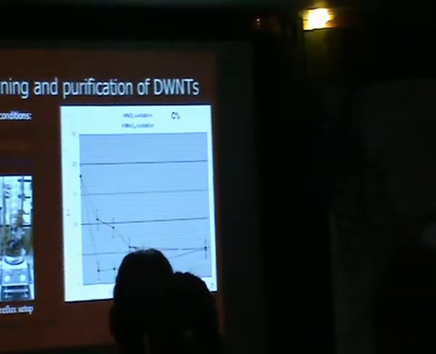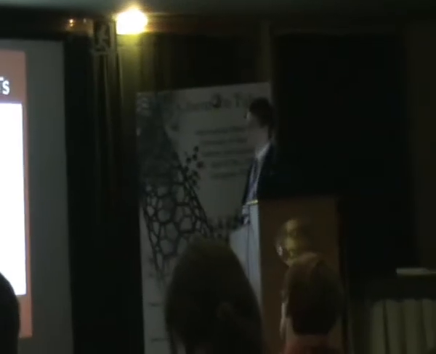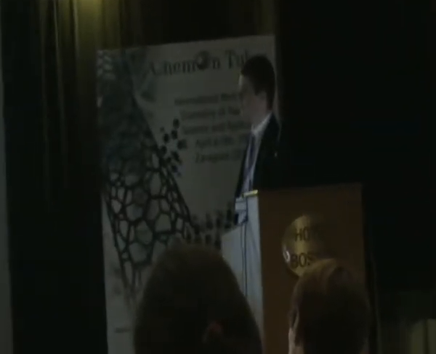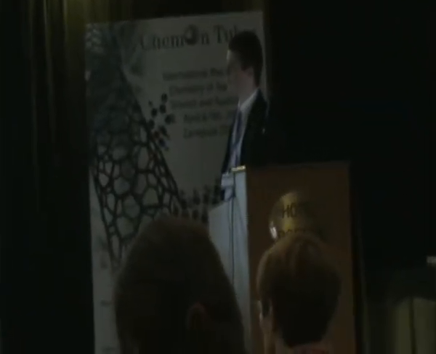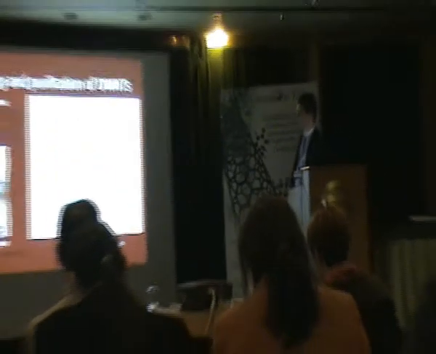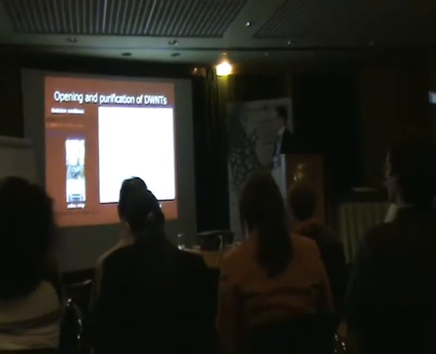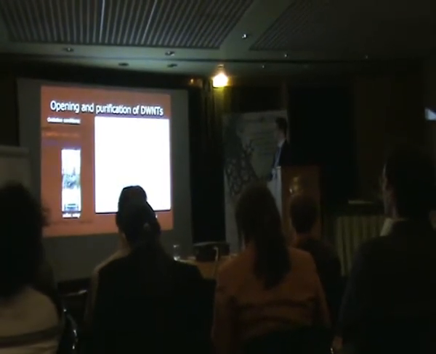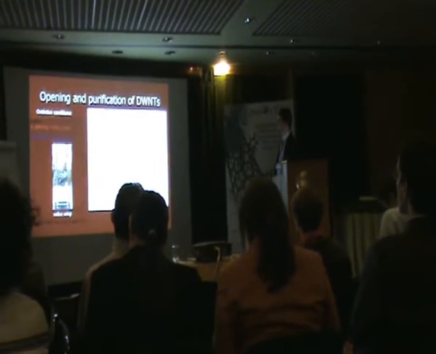The conditions for both of these agents are 130 degrees, with experiments for 3, 6, 9, and 24 hours. On this picture, we can see a reflux setup which we use every day for oxidation.